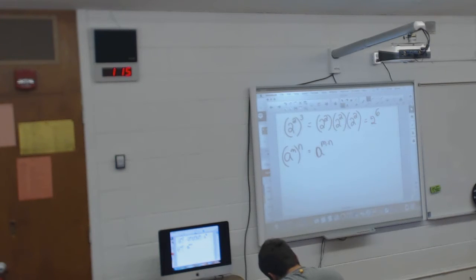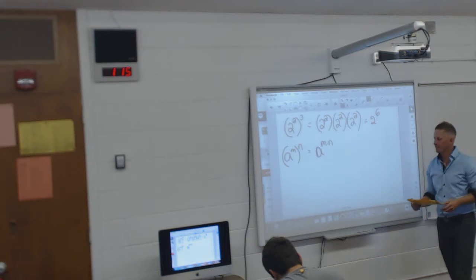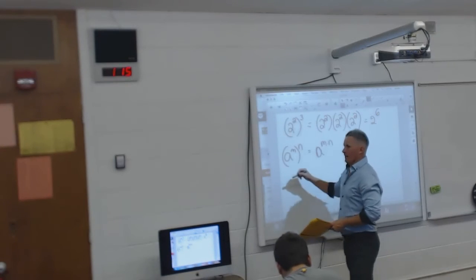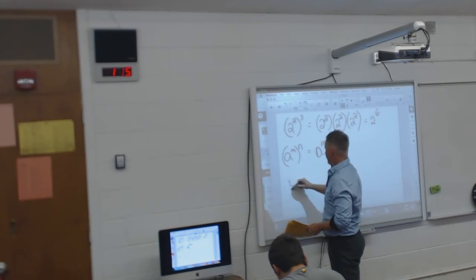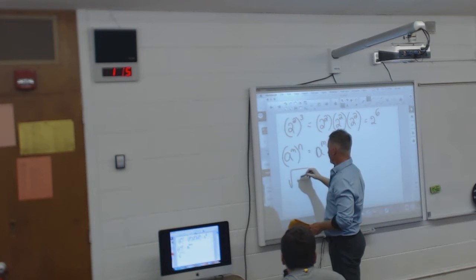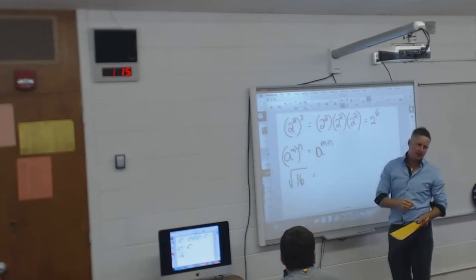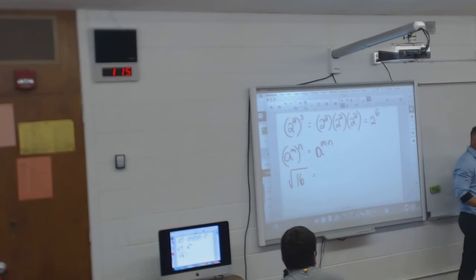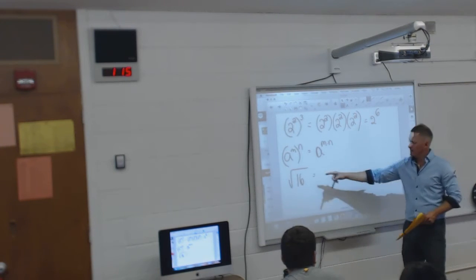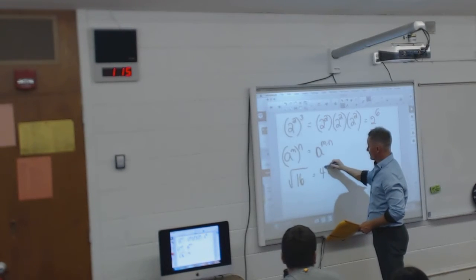I'm going to backtrack us just a little bit to take you back to yesterday's work. I had the square root of, well, let's do 16. What is the square root of 16? 4. 16, you would agree, is 4 squared?